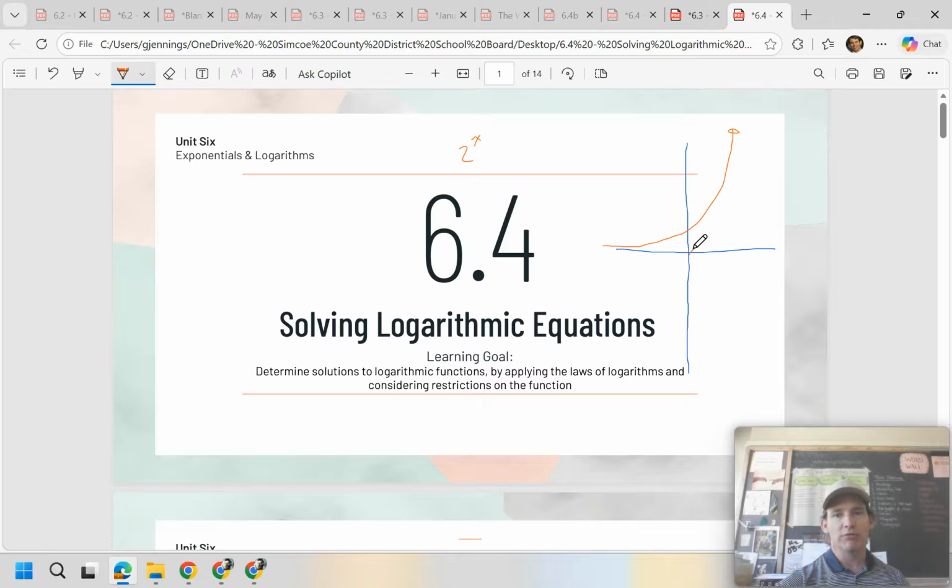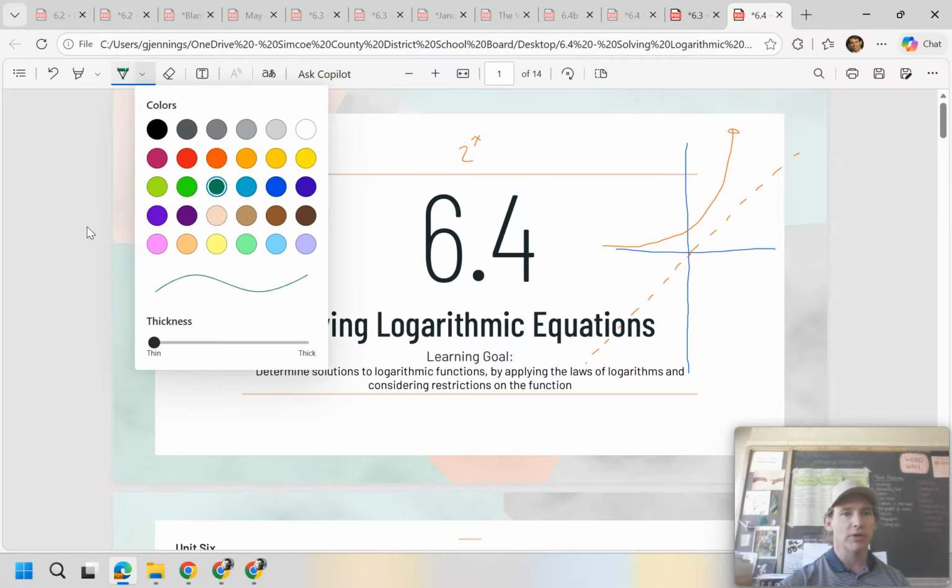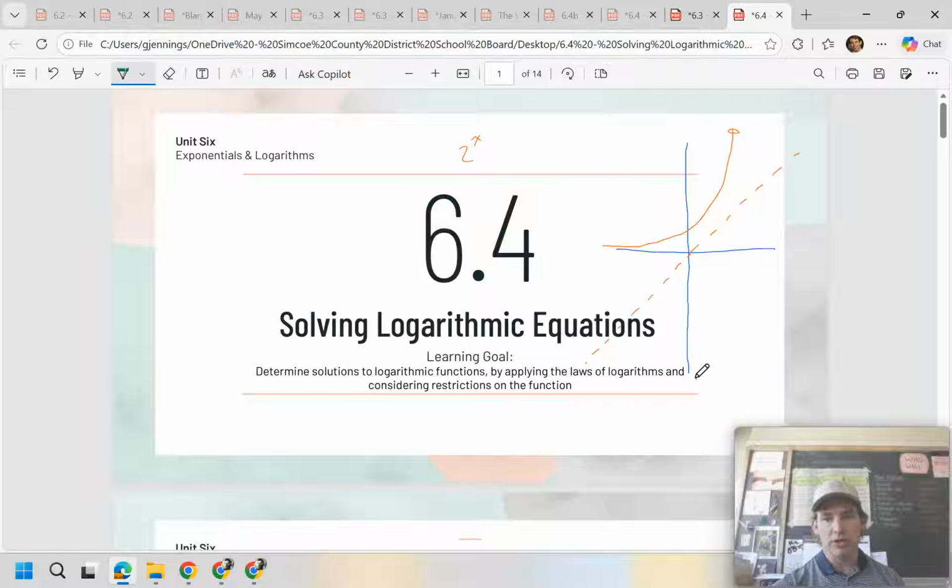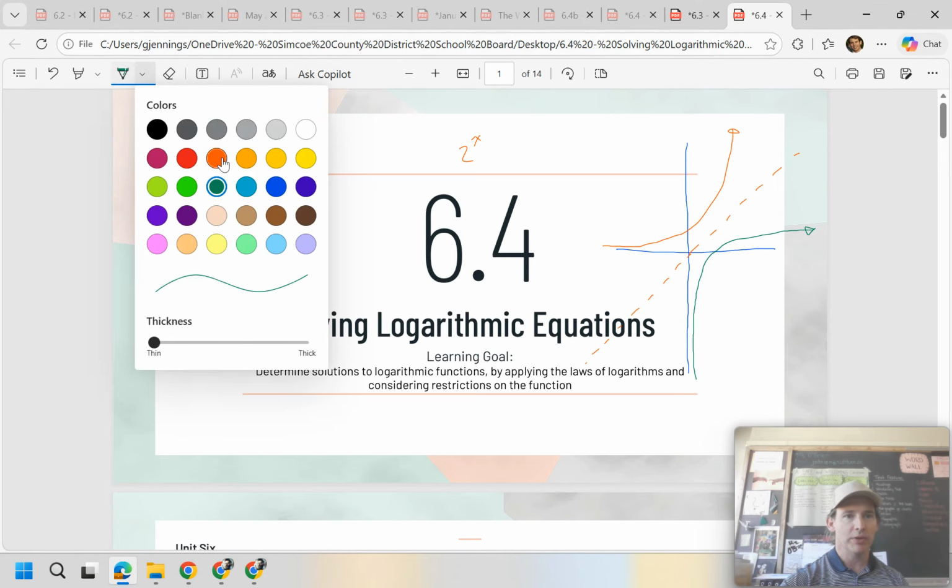Well, if I reflect a function through the line y equals x, then I get the inverse function. And so the inverse function here would look like that, okay? Now some things to say about this.